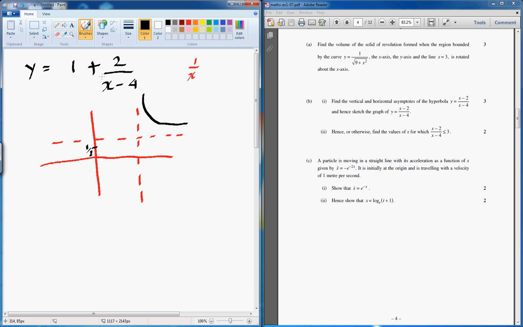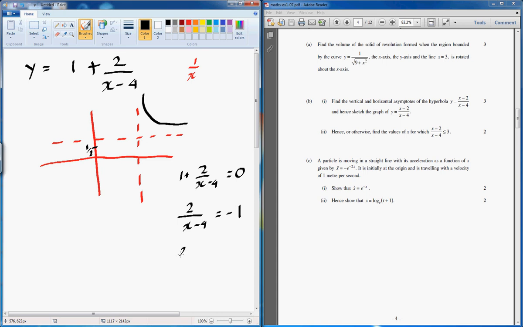And when y is equal to 0, okay, y equals 0 is a bit harder, so I'm just going to write it out. So 1 plus 2 on x minus 4 is equal to 0. And this would mean 2 on x minus 4 is equal to minus 1.